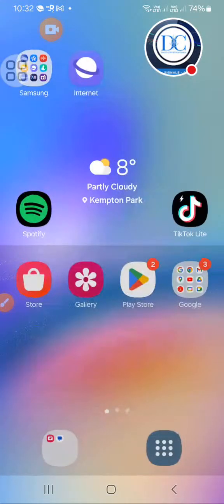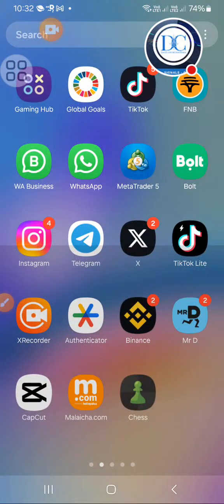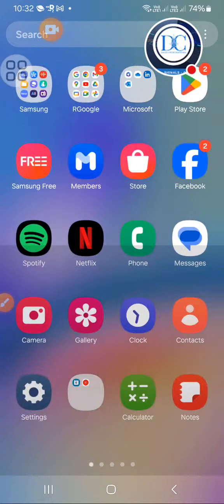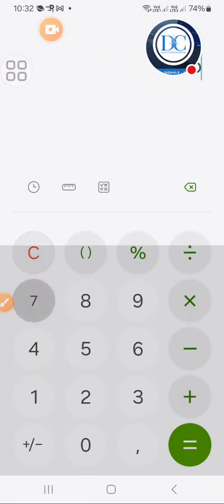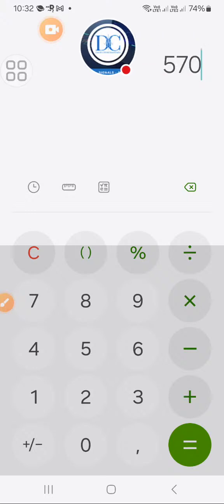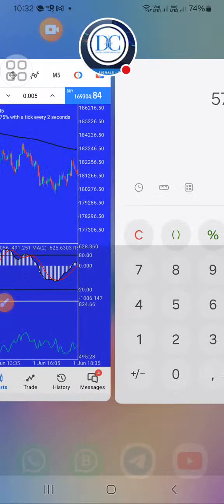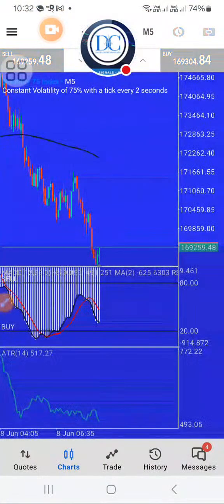Where's the calculator? 570 multiplied by 2, we get 1140. I want to copy this figure. So 1140, we need to add it to the prevailing current price.